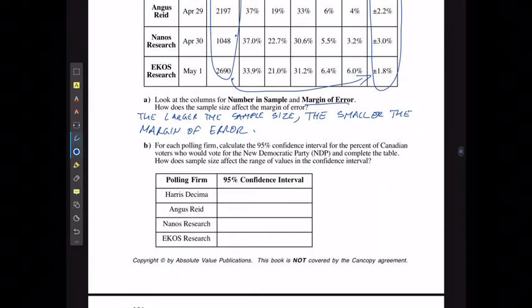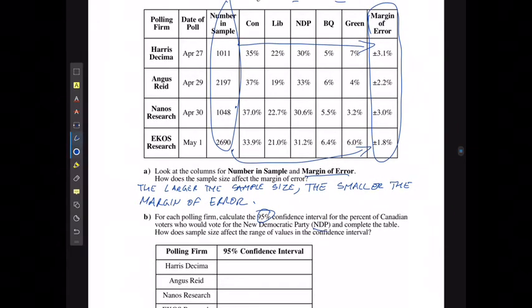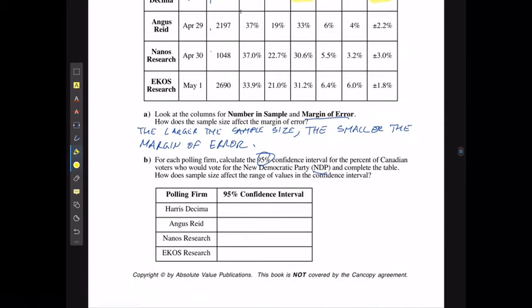For each polling firm, calculate the 95% confidence interval for the percent of Canadian voters who would vote for the New Democratic Party and complete the table. Well, if I'm looking at the first one, for the Harris Decima, and I'm just looking at the NDP values, then I would say, well, they had a 30% with a plus or minus 3.1%.